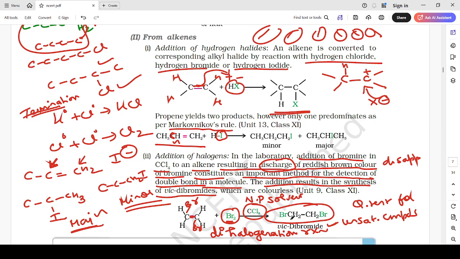What is vicinal dibromide? The bromine is present in the vicinity, in the neighboring carbons. Adjacent carbons have bromine. Initially it was reddish brown, now it has become colorless. Clear that? Yes, ma'am.